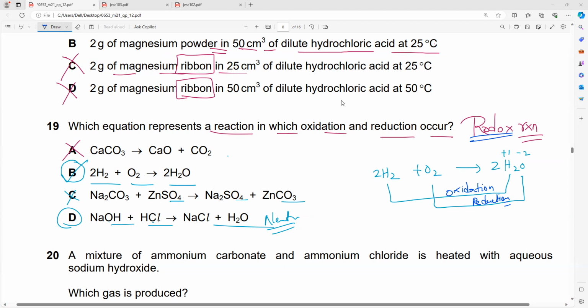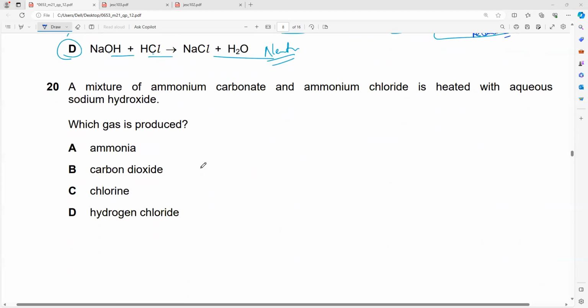Even formation of magnesium chloride, HCl, MgO, NaCl are all addition and removal of electrons. So remember, loss of electrons is always oxidation, and gain of electrons is always reduction. Hope you all understand. So option B is the correct one.